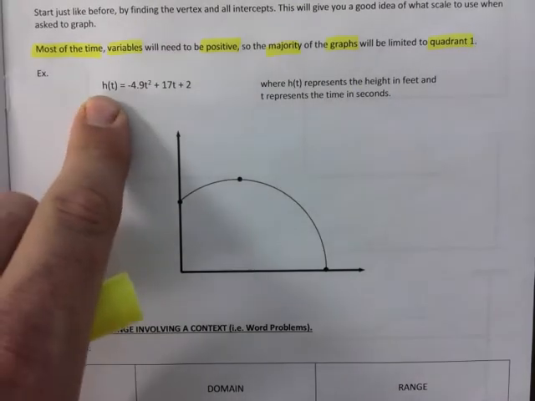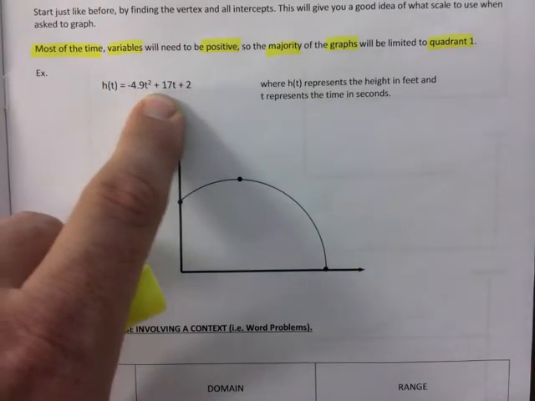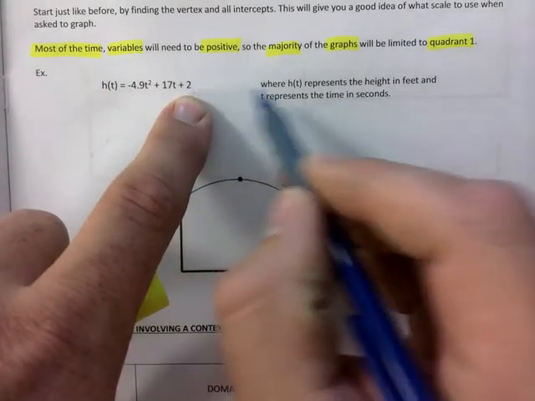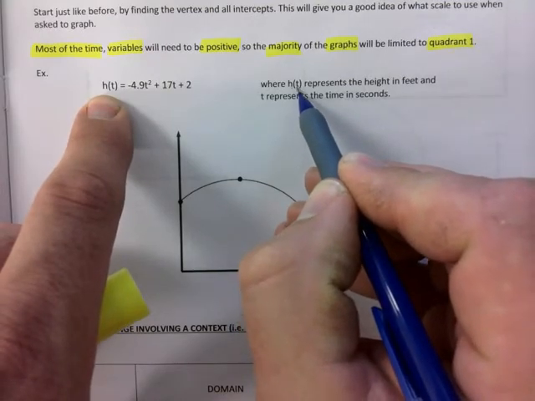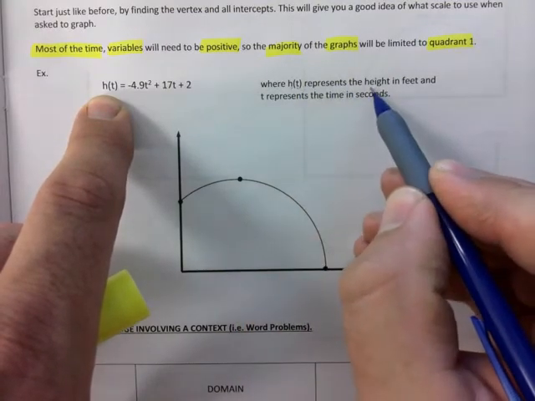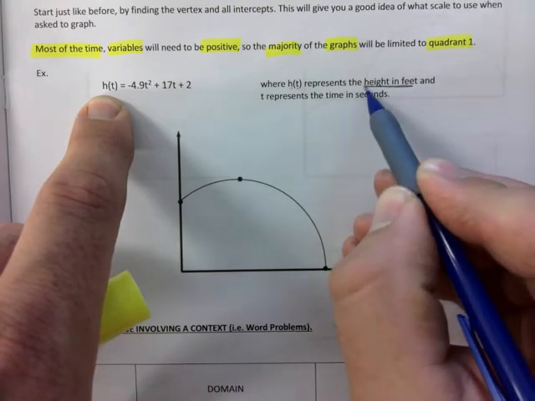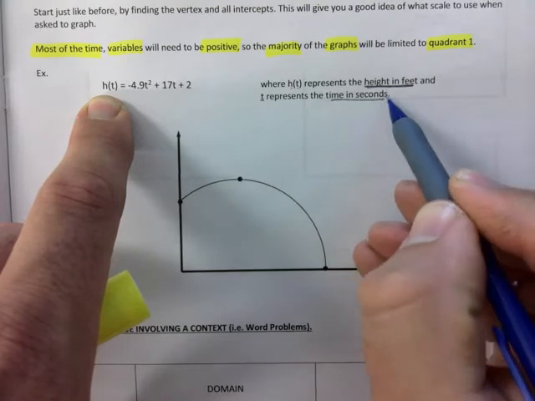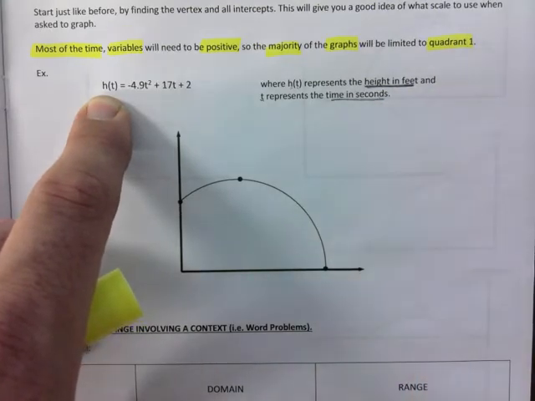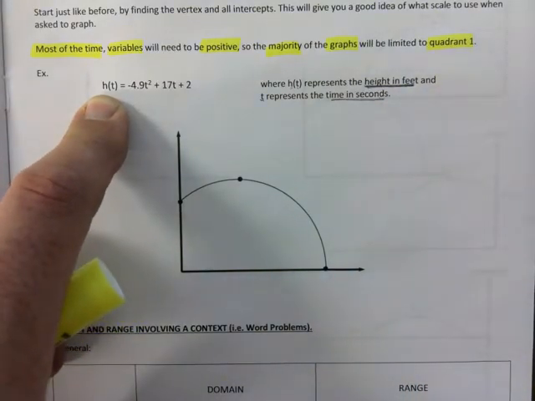Let's say, for example, you're given an equation. In the word problem, it will tell you what the variable represents. H of t, height in terms of time, represents the height in feet, and t represents time in seconds. Right away, I'm not going to trick you here.